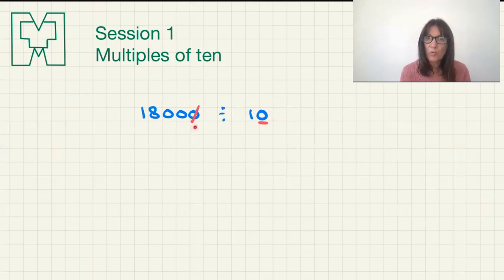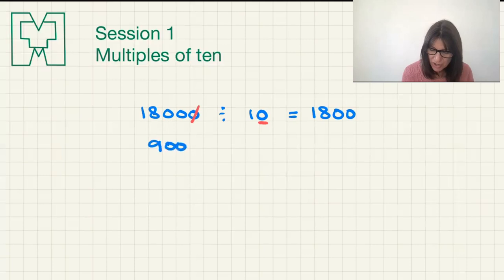I crossed 1 zero out. And then what's left is my answer. So I've got a 1, 8 and 2 zeros. So 1,800 is my answer. And that is it. That's the skill. That's the technique.